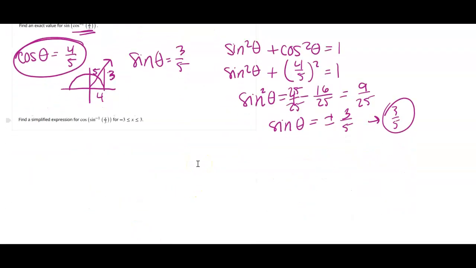All right, one more example. Let's try to figure out what the cosine of the inverse sine of x over 3 is. And notice I've restricted the domain here so that x over 3 for inverse sine is between negative 1 and 1.